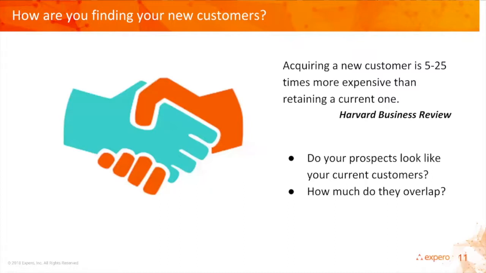Can you use that for customer segmentation? Are they listening to your current customers? Are they influenced by people you're servicing currently? What sorts of similarities can you deduce from your prospects to your current customers?